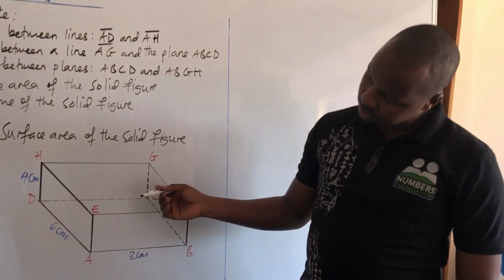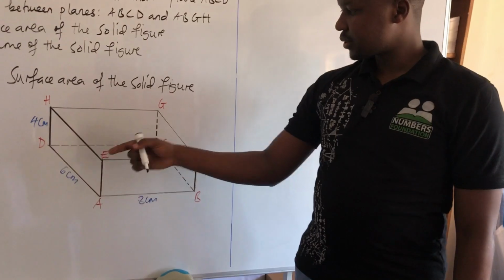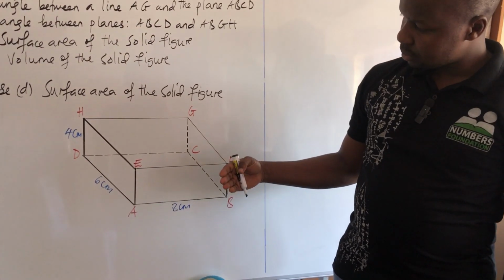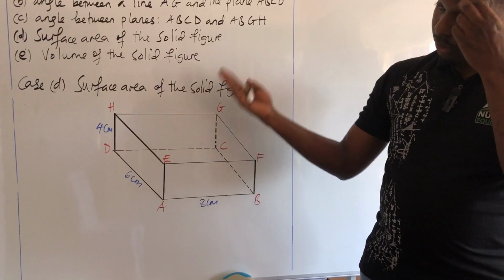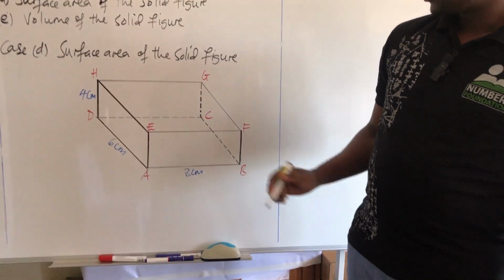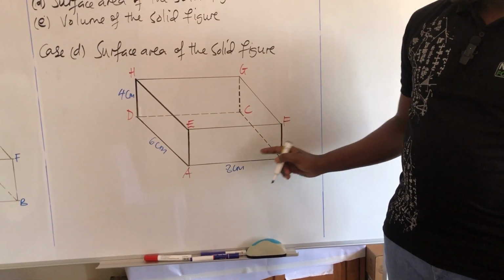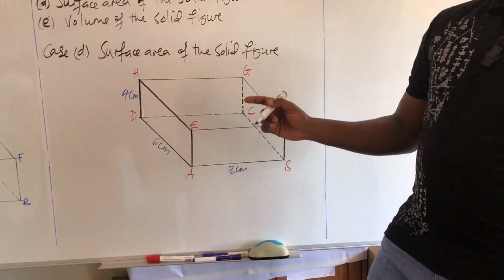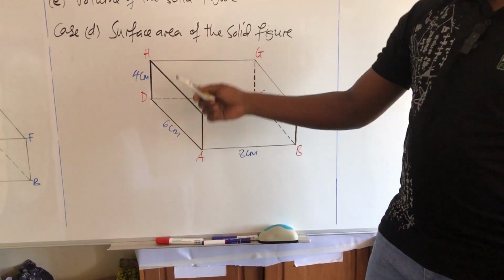We have 6 faces, as you can observe: 2 on the sides, the front one, the back one, and 2 bases, the bottom and the top. That makes a total of 6 faces. So we need to find the surface area of all these faces. Then when we total them, we get the surface area of the whole prism.